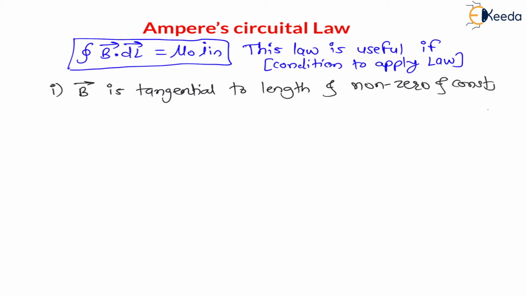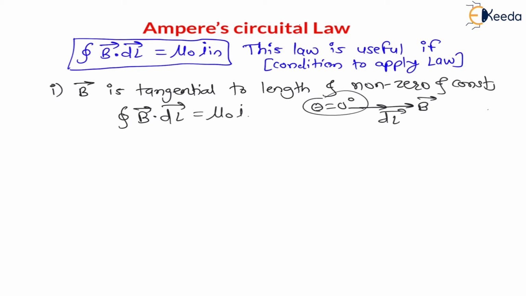That means my dear students, here the cyclic integral of B dot dl will be equal to mu naught I inside, right? Therefore here this magnetic field is tangential to the length, means the angle between them is 0 degree. That means both are going in the same direction. This is the magnetic field and this is the length dl, right? The angle between them is 0 degree.